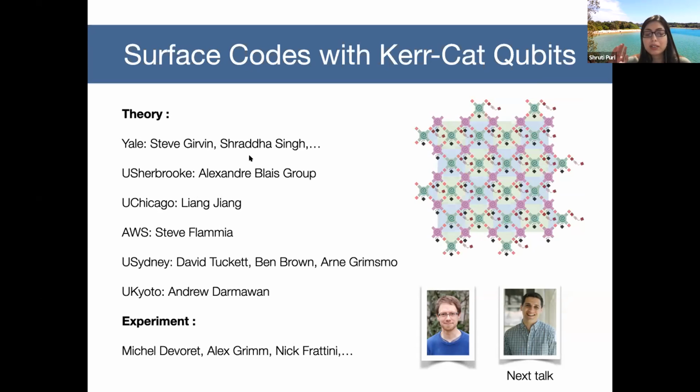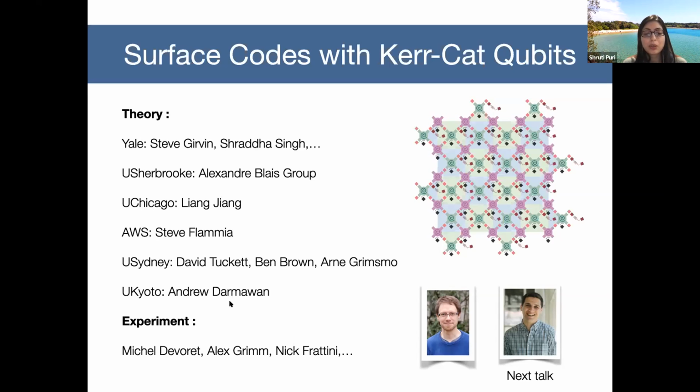Today, some of the numerical results that I'm going to show you are in collaboration with these guys at Sydney and Kyoto. So special thanks to David, Ben, and Arne, and also to Andrew. A lot of the simulation results that I'm showing are based on the code that Andrew wrote.